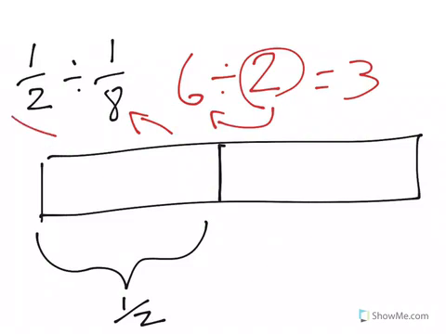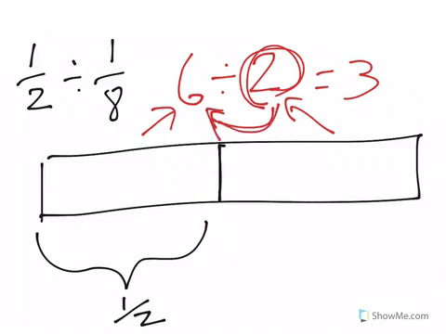And so you look at this and you might think, well, is it half goes into 1/8 or 1/8 goes into half, or what's the deal here? And if you just take a minute and say, okay, I'm going to substitute two easy numbers, for example, 6 and 2, right? I know it's how many times this number goes into that number. So over here, we're looking at how many times this number goes into that number.